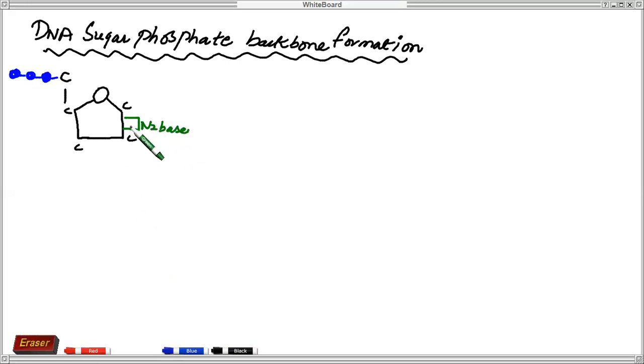As far as this nitrogenous base is concerned, it is attached on the second carbon. And in RNA, it is attached on the first carbon.